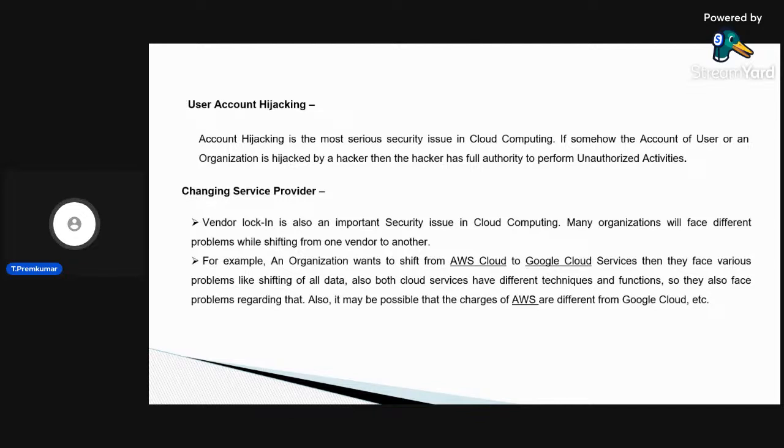Also, both cloud services have different techniques and functions, so they also face problems regarding that. Also, it may be possible that the charges of AWS are different from Google Cloud, etc.